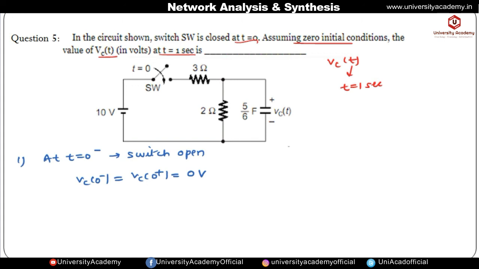Now let us draw the circuit for t greater than 0. For t greater than 0 this switch will be closed, and this is the 5 by 6 capacitance value.